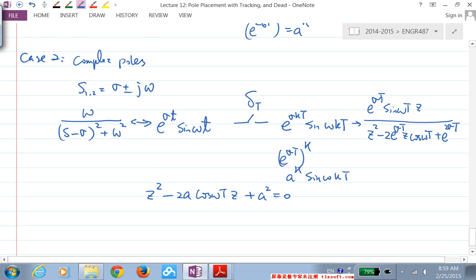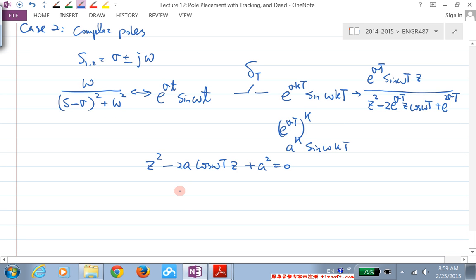You will actually find that the poles of the system, Z, are complex poles, of course. You can use Z equal to e to the power of sT to find the mapped pole.